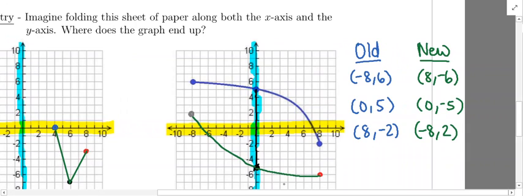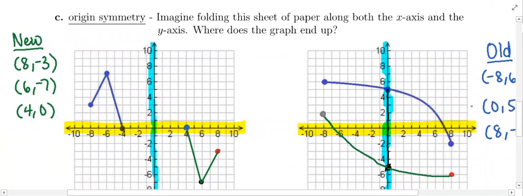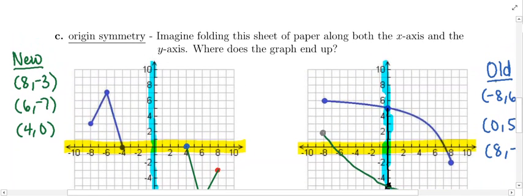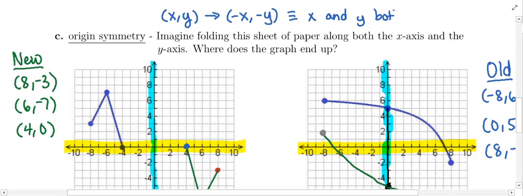Let's go ahead and write this down. When we are dealing with origin symmetry, if you start with a generic point (x, y), that point is going to get sent to (-x, -y). This means x and y both change sign. Let's go back to page 6 and write down this observation.